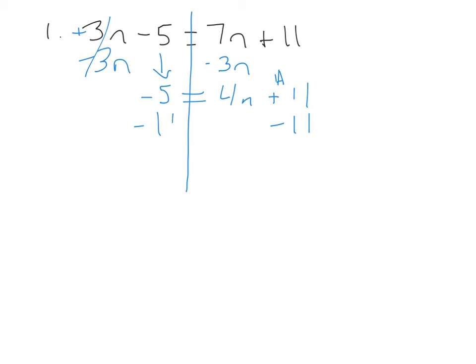If you owe $5 and owe 11 more dollars, you're going to altogether owe $16. So it's -16 equals 4n. And then we finally undo multiplication by dividing by 4. -16 divided by 4 is -4. So n equals -4.